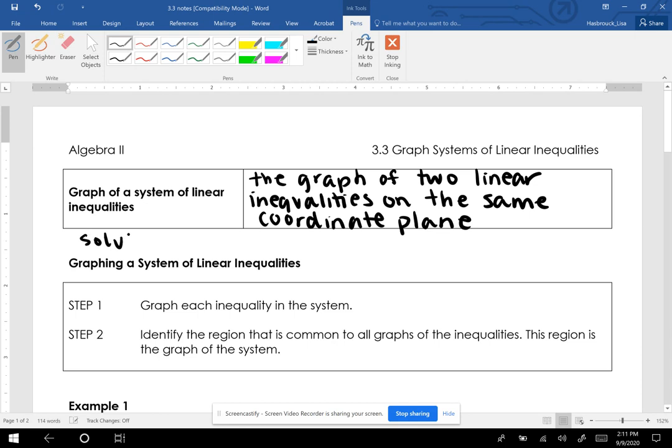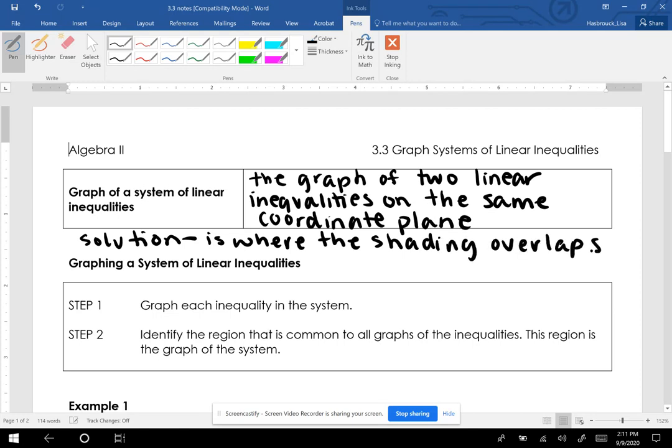The solution for the system is where the shading overlaps. So there's going to be more than one ordered pair that is a solution.